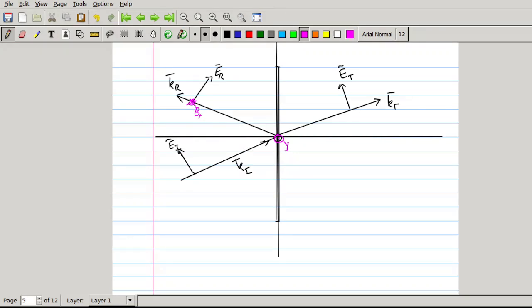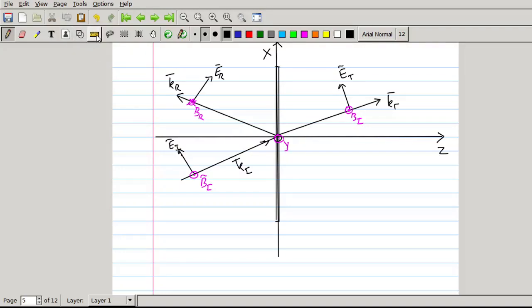Here the magnetic field is out of the plane along the positive y direction, BI. Here the magnetic field is along the positive y direction. So this is BI. And this is the x direction, and this one is the z direction, z, x, y.